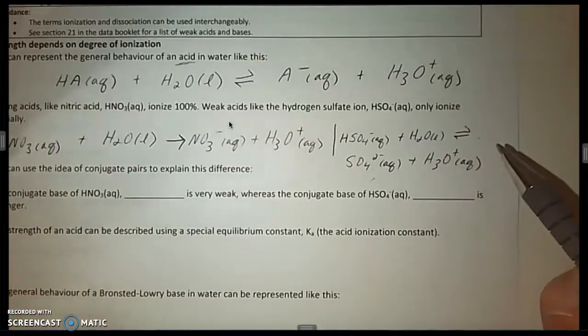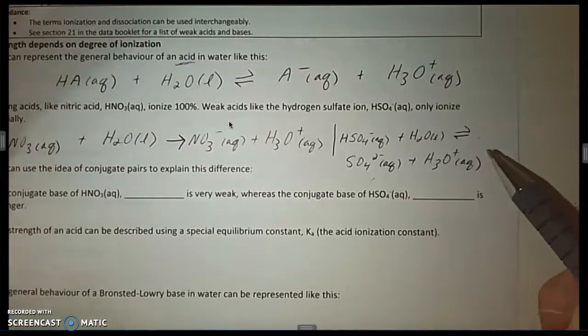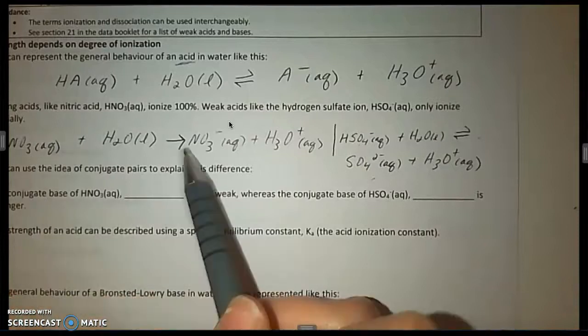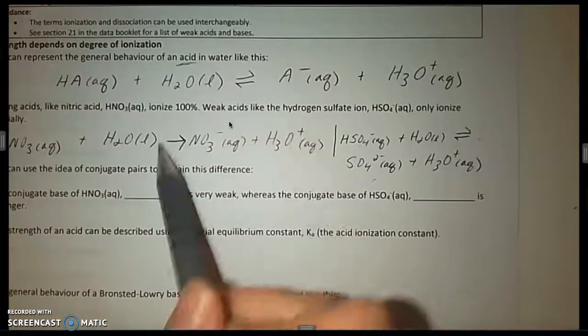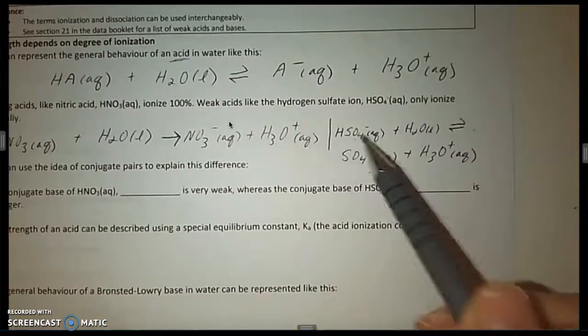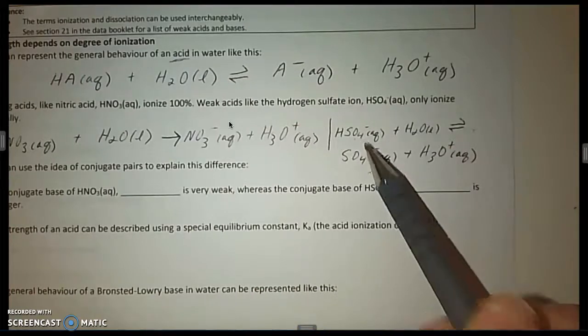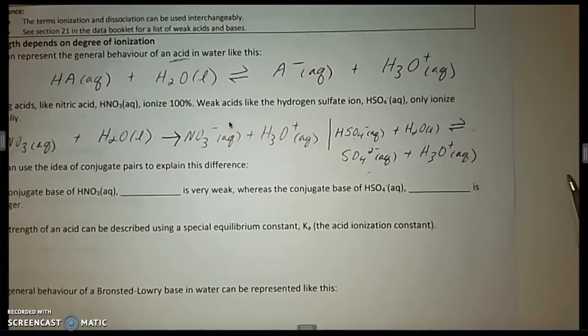And that's the major way we can distinguish between a strong acid and a weak acid. A strong acid goes 100% to the ionized versions, whereas with a weak acid, there's an equilibrium between the acid and its conjugate base.